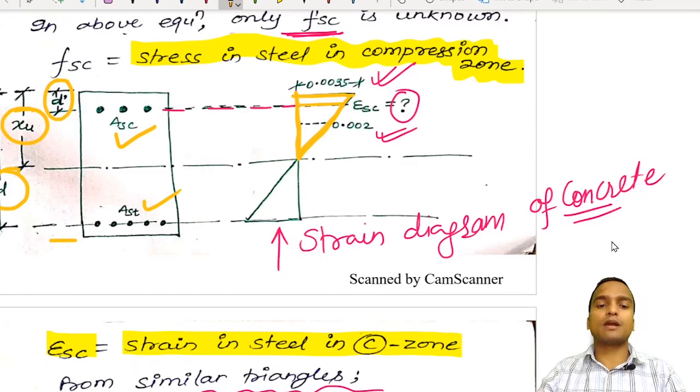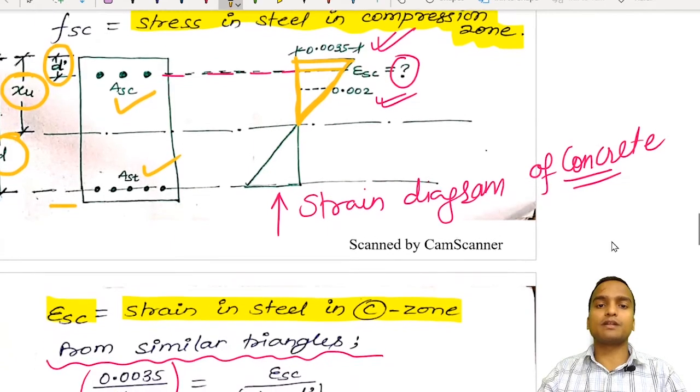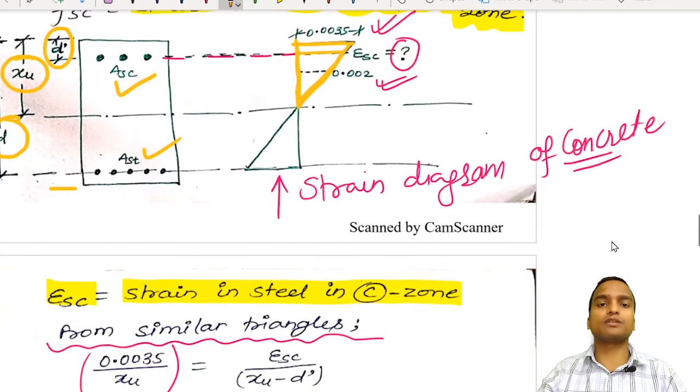We have taken the ratio of perpendicular to the base in both triangles. In the larger triangle, the perpendicular was equal to 0.0035 and the base was equal to xu. Similarly, in the smaller triangle, the perpendicular was equal to epsilon SC and the base is equal to xu minus d dash.